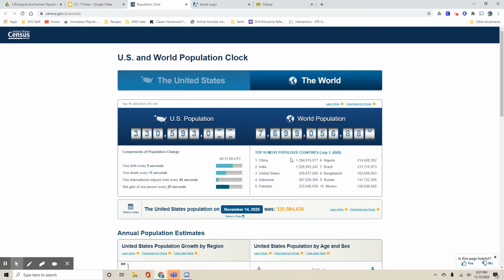And then for the world population, we can see the top 10 most populous countries. China and India have by far much greater population than the US, a billion more or so. And then you've got other countries behind that. So it's pretty amazing how fast this clock is increasing, I think.